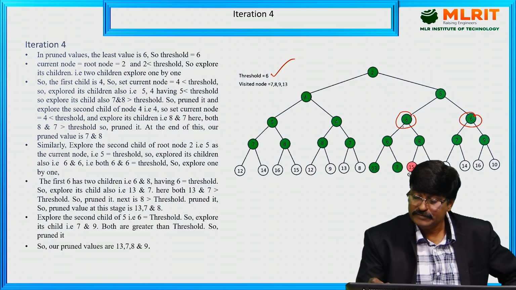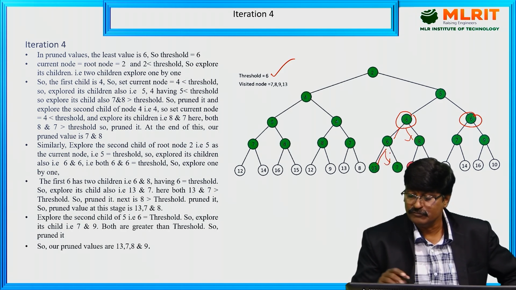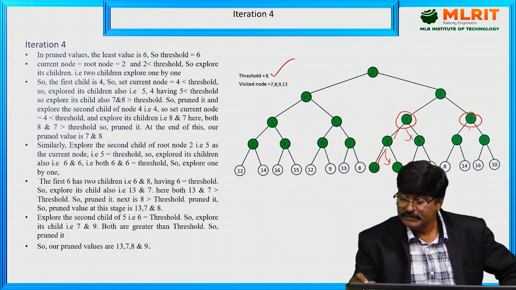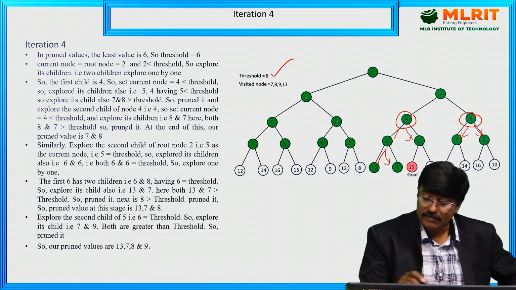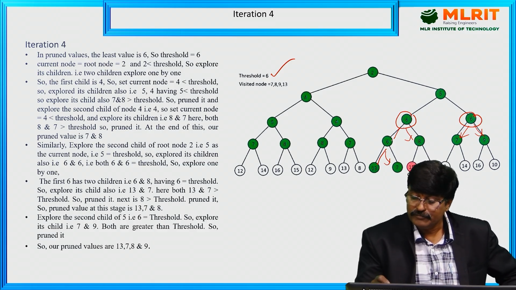See, 6 is here, so you expand. When expanding, these are the nodes, and again 6 is there, so in the same iteration you expand these nodes also. Here also 6 is there, here also 6 is there. Then you compare all the 6s you are exploring, all the 6-related child nodes, which you expand further.